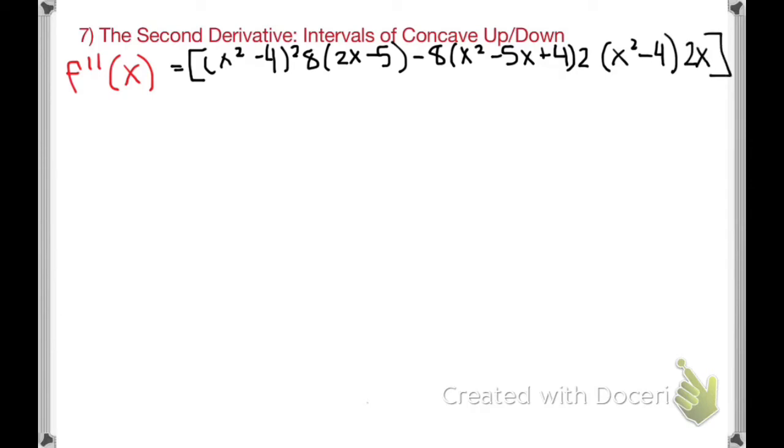And all of that is going to be over a denominator of x squared minus 4 to the 4th power.